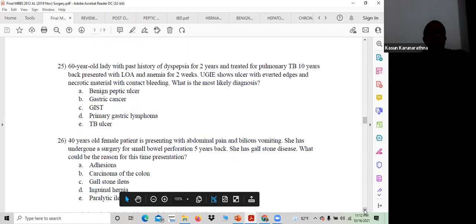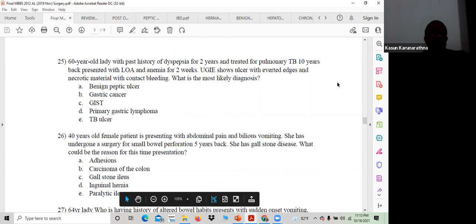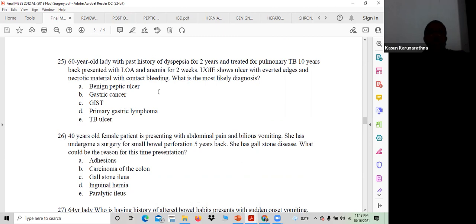25, a 60-year-old lady with persistent dyspepsia for 2 years and treated for pulmonary TB 10 years back, presented with loss of appetite and anemia for 2 weeks. Endoscopy shows an ulcer with everted edges, necrotic material, with contact bleeding. What is the most likely diagnosis?